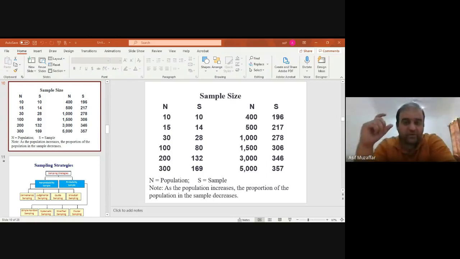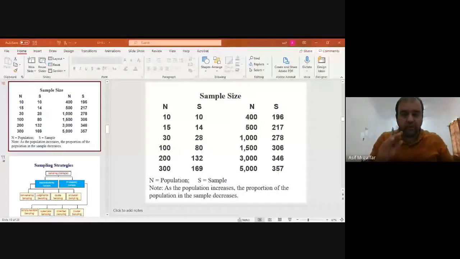So for making your sample reliable, reliable means that you can say the results which I get from my sample are applicable for the whole population. What does it mean? For example, from my sample, I'm saying that in Oman young people use more social media. This is the result of my study.